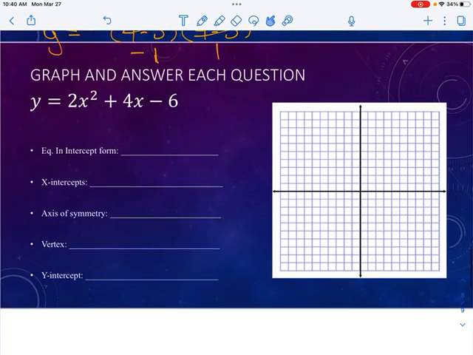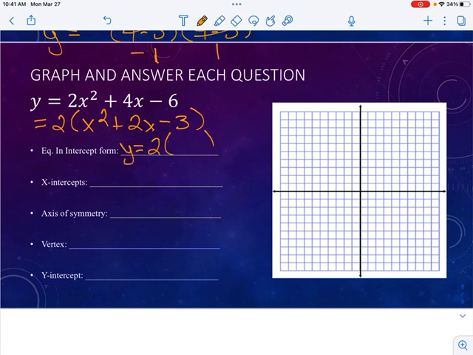All right, last one here. I do have a GCF again, so I'm going to take the GCF out. Then I come in to factor, so I have y equals 2, and then I have x and x. Remember, this sign tells me they're going to be different.